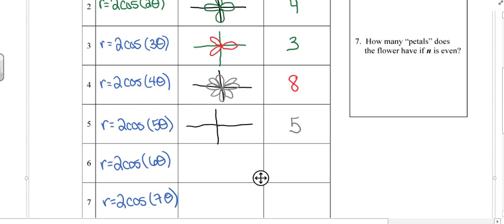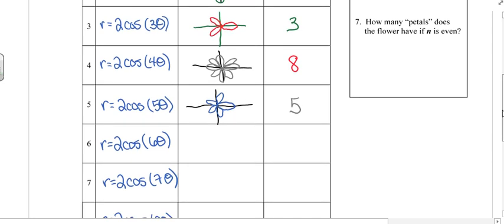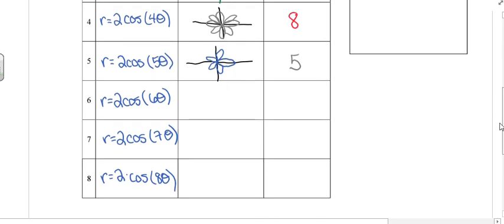And then the rest are evenly spaced. I'm not going to actually draw graphs of the remainder of these because the graphs are going to be too busy. So I'm just going to say too busy.